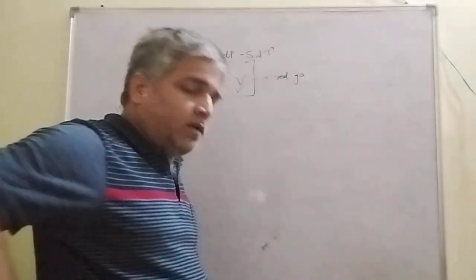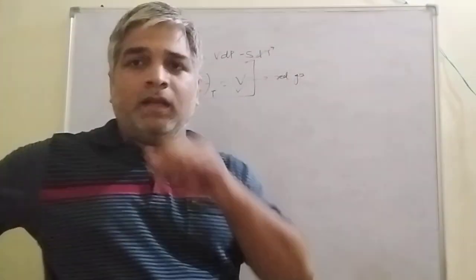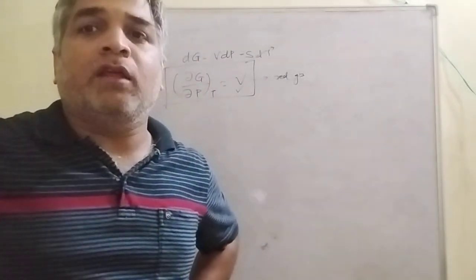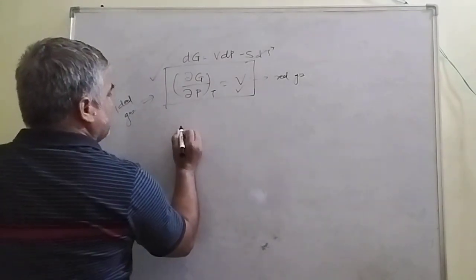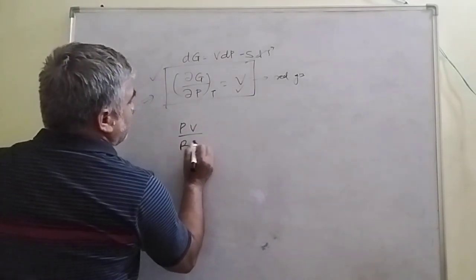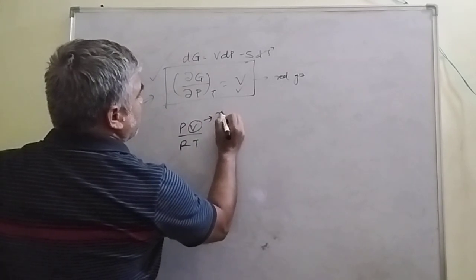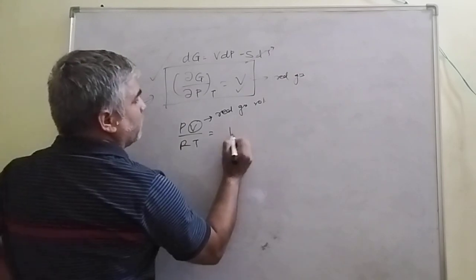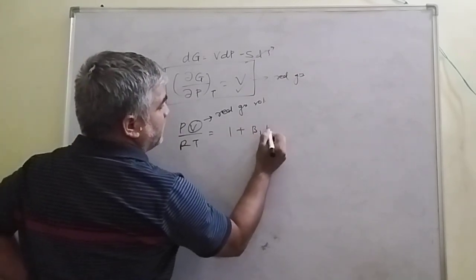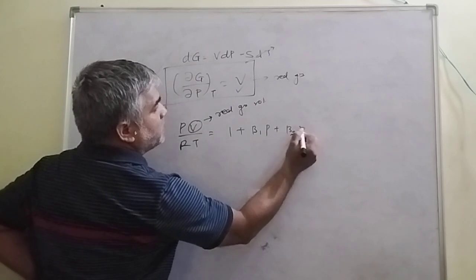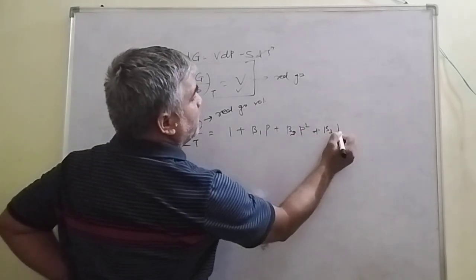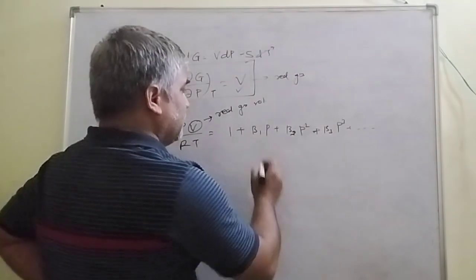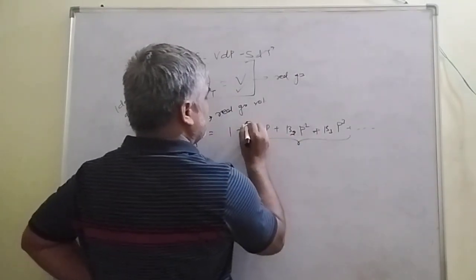To get the volume of a real gas, we have one well-known equation called the virial equation of state. We can write PV by RT, where this V is the real gas volume, as 1 plus B1 P plus B2 P square plus B3 P cube and so on.